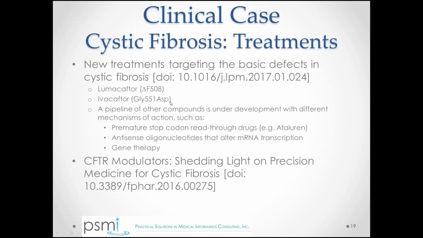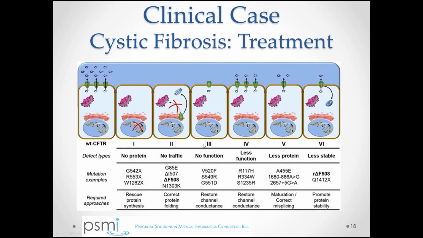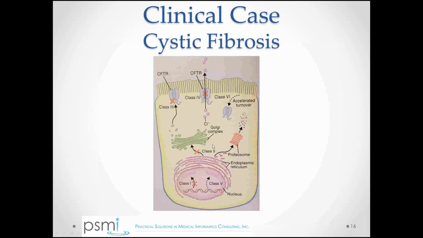This particular mutation, where glycine 551 is replaced with an asparagine, is a class 3 mutation, where the protein is produced. It actually works its way up into the plasma membrane, but doesn't work very well, and it's not very efficient at transferring chloride ions.